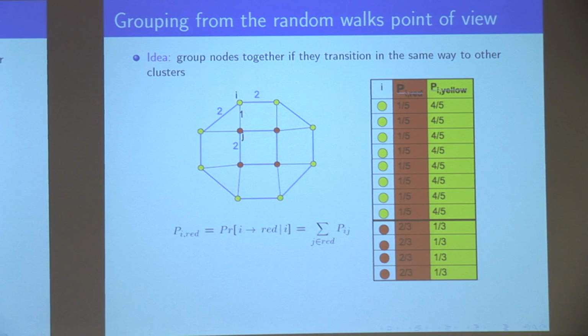I haven't written that. I have written the following. If I pick one node i, what's the probability that it transitions to a yellow node, including itself? That is 4 over 5. And the probability that it goes to a red node is, of course, 1 over 5. If I pick a red node, I have these probabilities, with 2 over 3 transitions to red and 1 over 3 transitions to yellow.